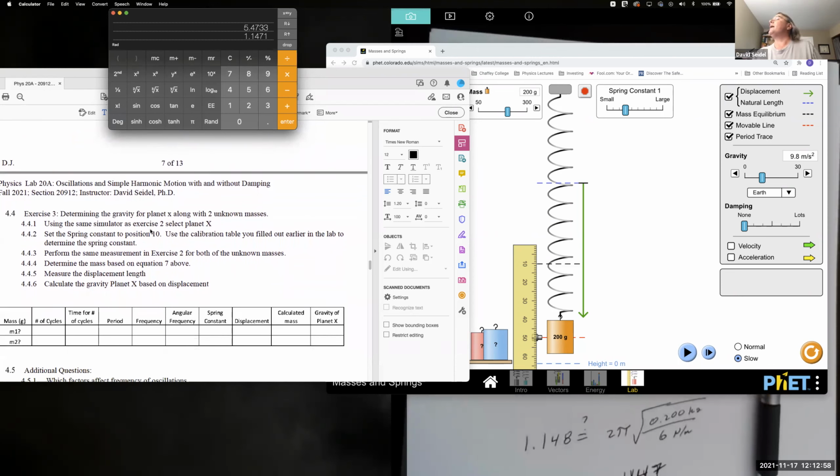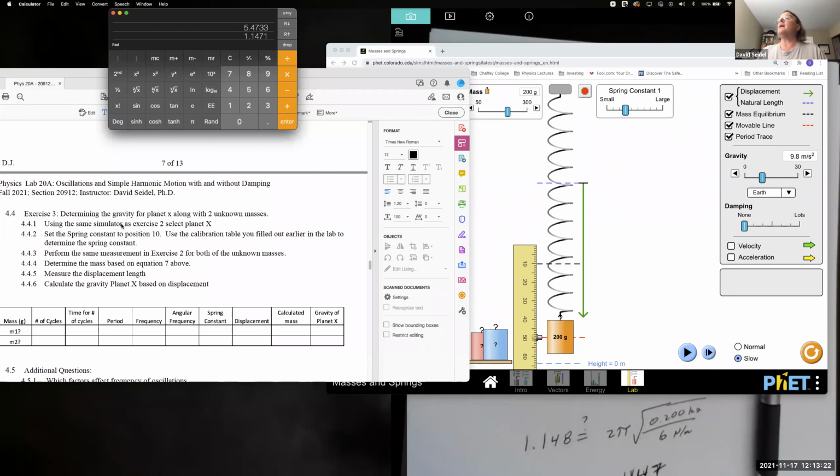Now we have a planet X. You're going to determine the gravity for planet X with 2 unknown masses. You're going to measure the number of cycles, the time for the number of cycles, the period, the frequency, the angular frequency. You're taking your spring along. It's a calibrated spring.